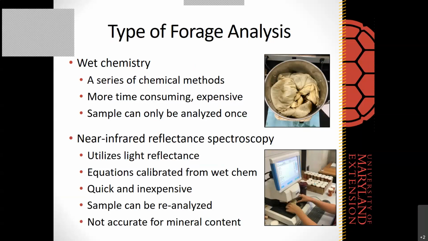So they can simply scan the sample and it will use that calibration equation to calculate the nutritive value. The benefits are that it's a lot quicker, much more inexpensive, and very easy. The sample can be reanalyzed because it's only being scanned with light. It's not being soaked and burned and all those other things.